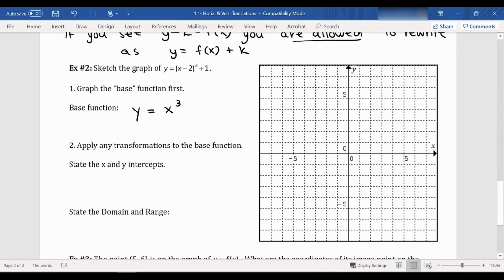So we know that when x is 0, y is 0, x is 1, y is 1, x is 2, y is 8, x is negative 1, y is negative 1, x is negative 2, y is negative 8. We can connect those together. Remember this curves.